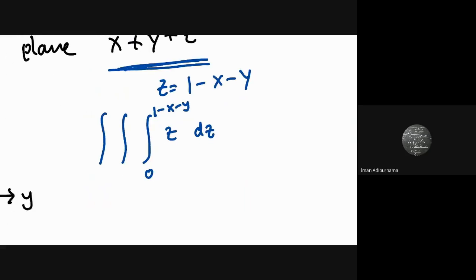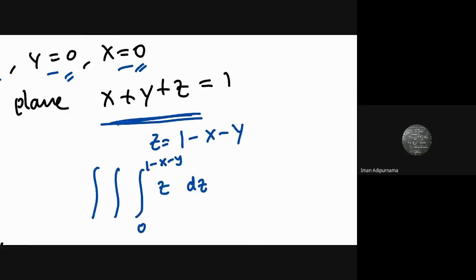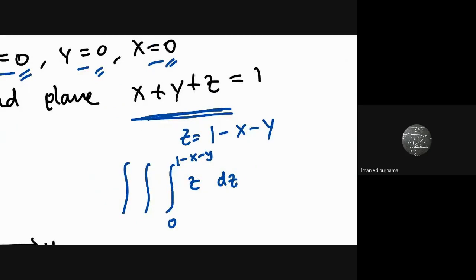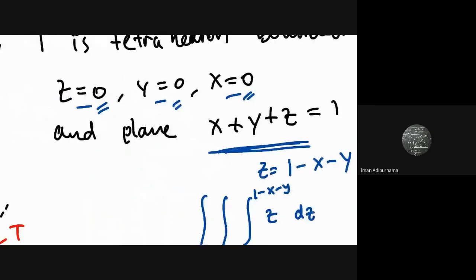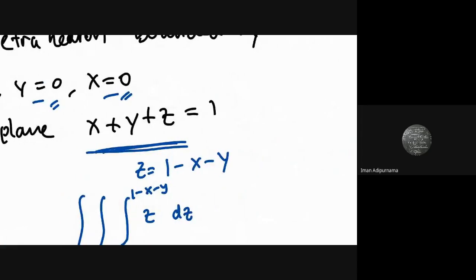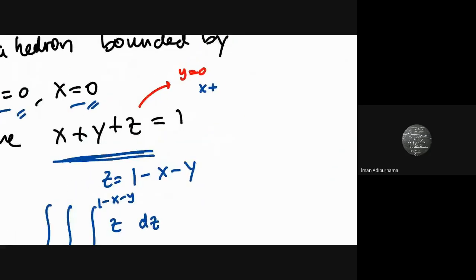Okay, and for the second, let's make dy or dx. If we look at these equations and the boundary having all 0, let's try to make z 0. And we will have x plus y equal 1, or y is 1 minus x.